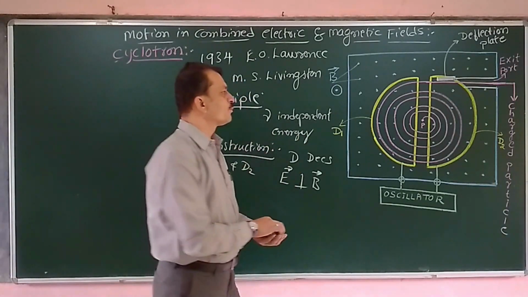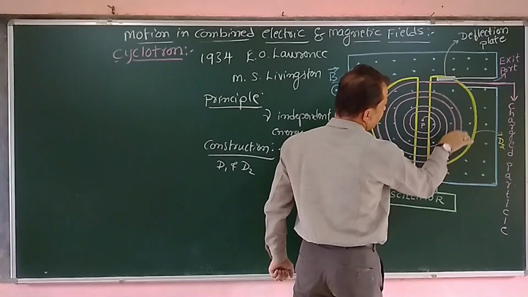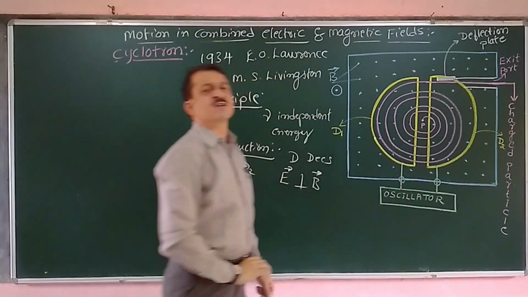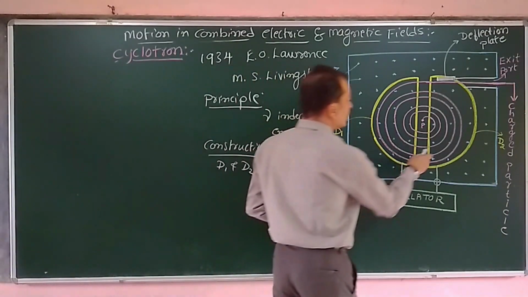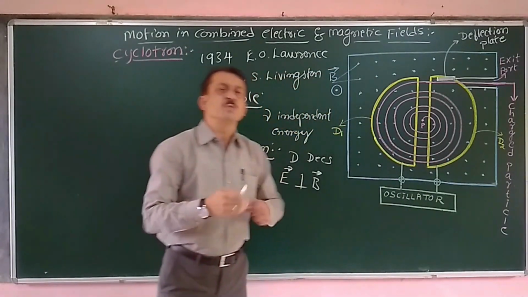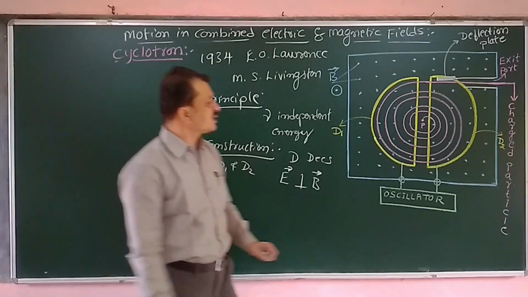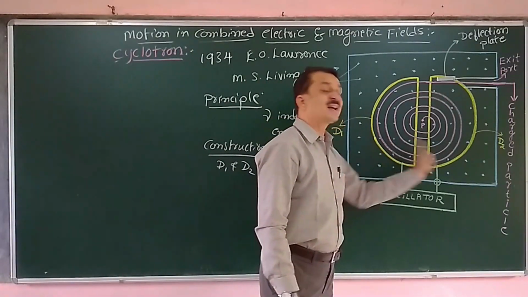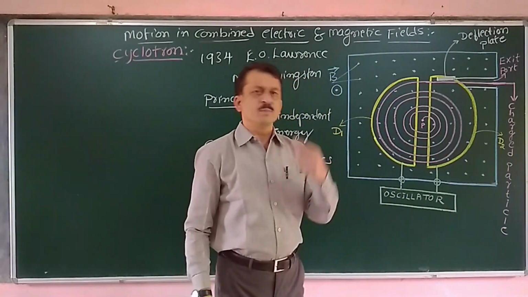One more thing, as and when the charged particle makes a semicircular path inside a D, the polarity of the D should be changed, reversed, such that the particle gets accelerated between the Ds. Now these are the two important conditions.